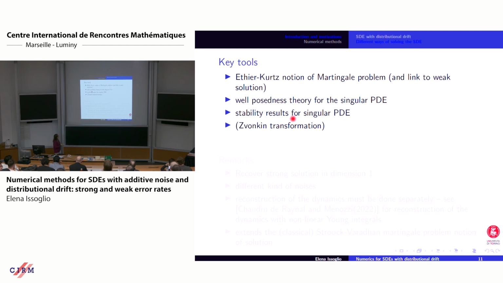It heavily relies on the well-posedness of this singular PDE, Lf equals g. You have to be able to solve it and to show some properties, like stability. So if b_n converges to b, or if g_n converges to g, f_n converges to f, and so on. And essentially, this singular PDE is very linked to the Zvonkin transformation. So the operator L is the same one that appears in the Zvonkin transformation.